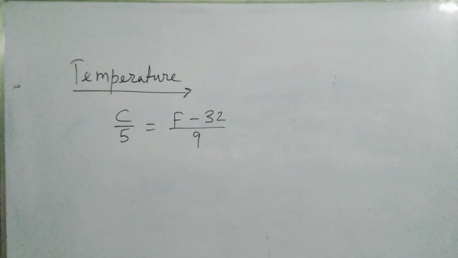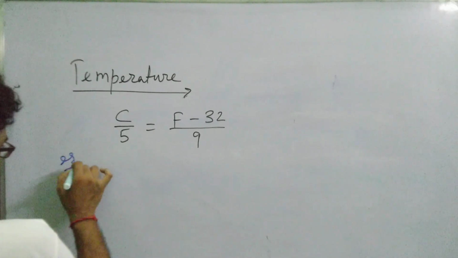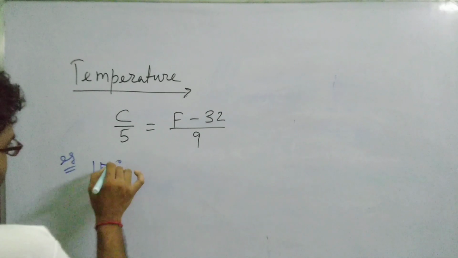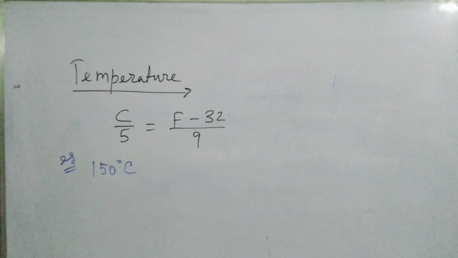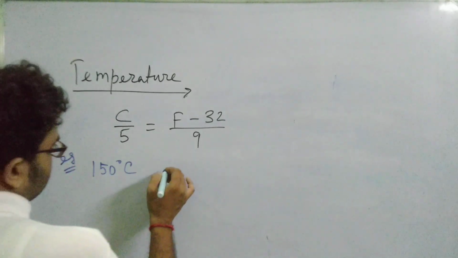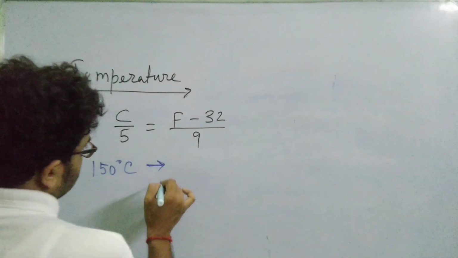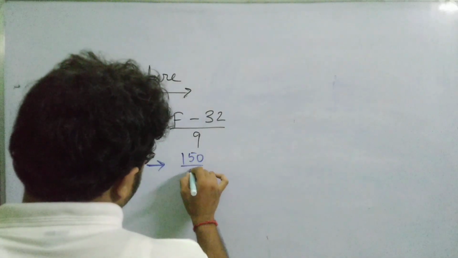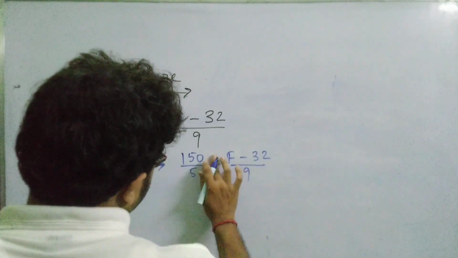Let's take another example, say I have a temperature of 150 degrees Celsius. Put the value of 150 in the place of C. 150 by 5 is 30. So the calculation is 150 by 5 equals F minus 32 by 9, isn't it?